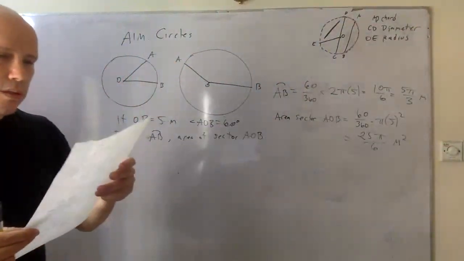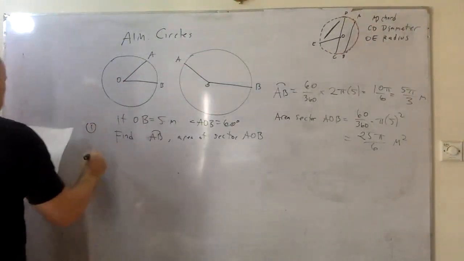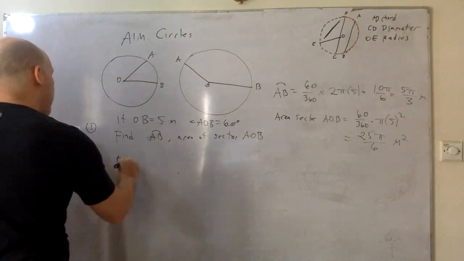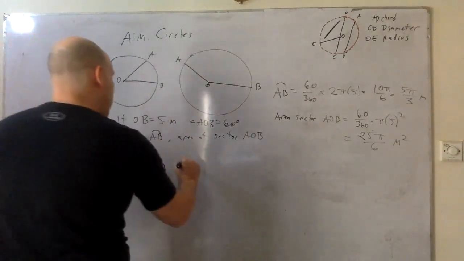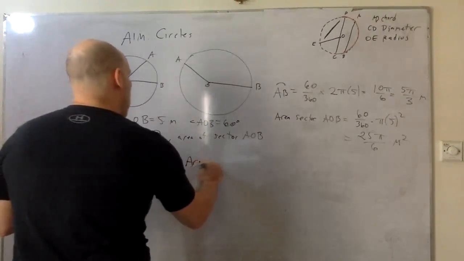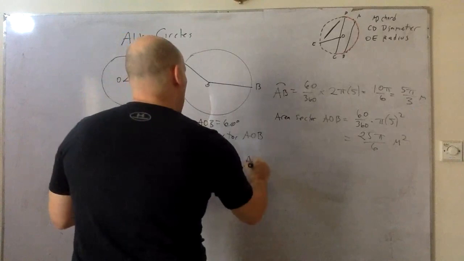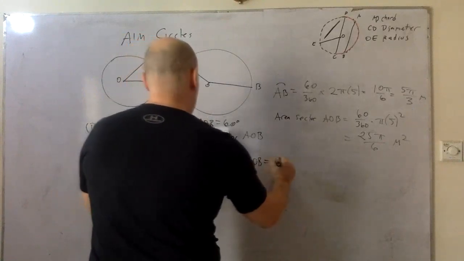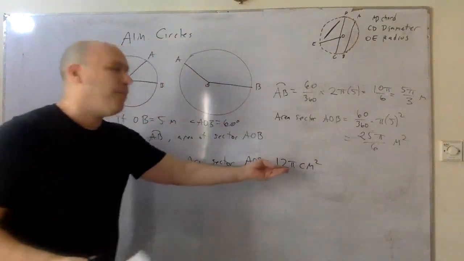Oh, I apologize, this is example 1. Example 2, I might say OB is 6 centimeters, and the area of sector AOB is equal to 12 pi centimeters squared.